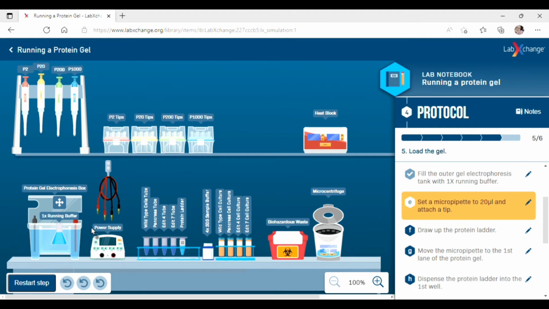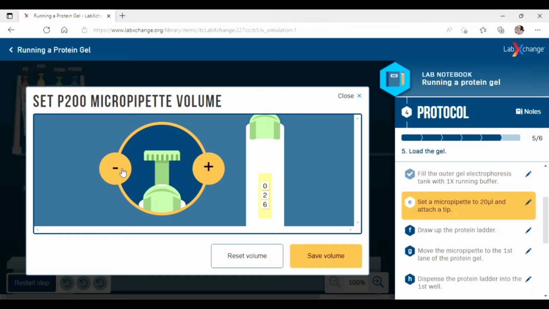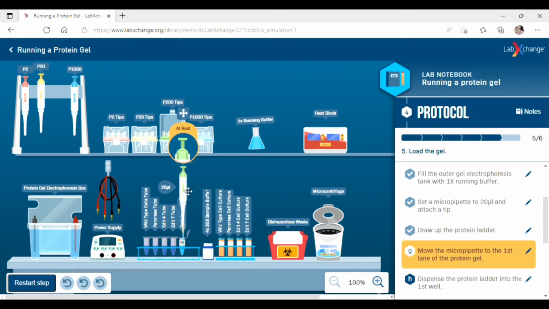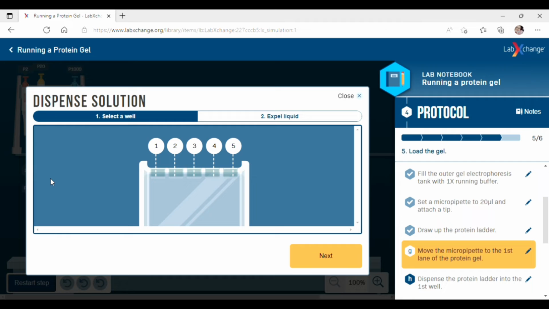Set a micropipette to 20 microliters and attach a tip. Draw up the protein ladder and move the micropipette to the first lane of the protein gel.